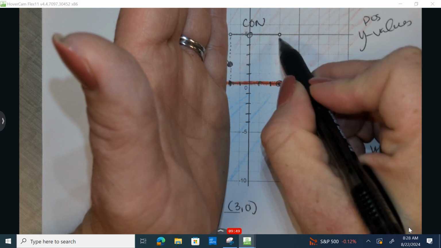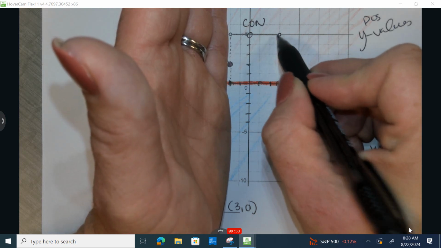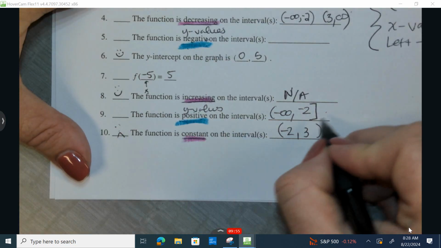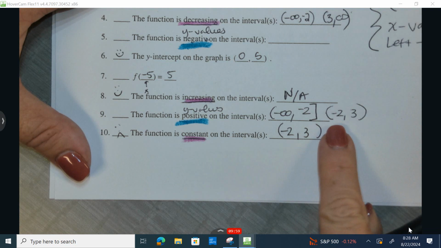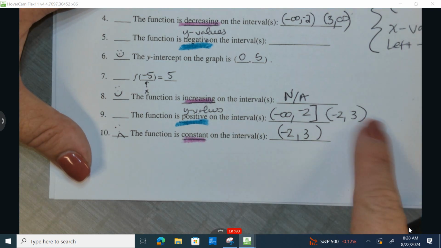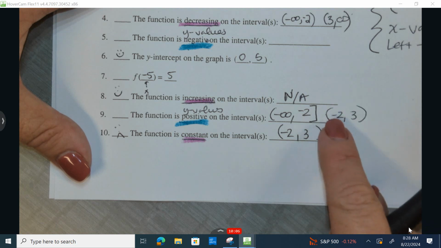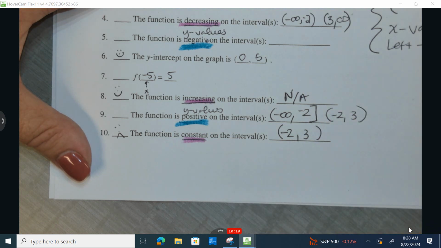At positive 3, we don't also include positive 3 as being part of the y positive. So this is parentheses, -2 to +3. In between these two endpoints, yes, it's positive, but putting the parentheses means those two endpoints on that interval do not have positive values.